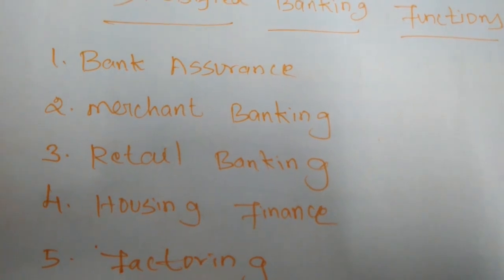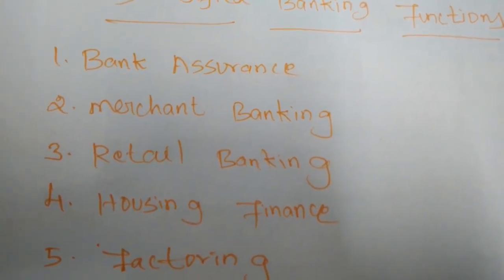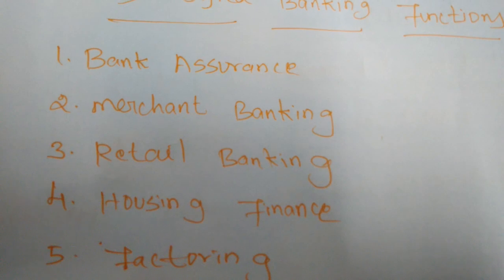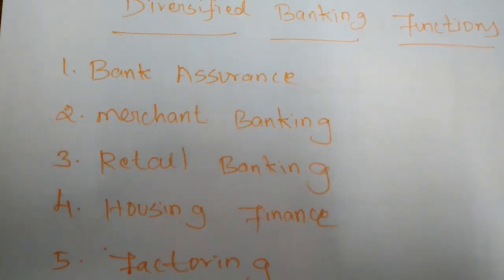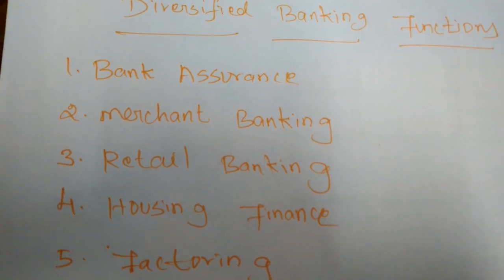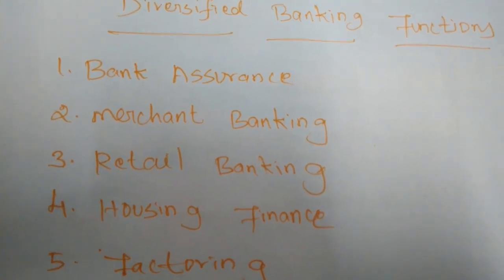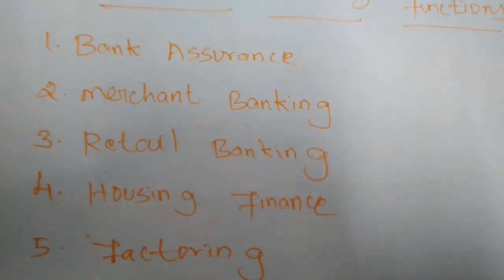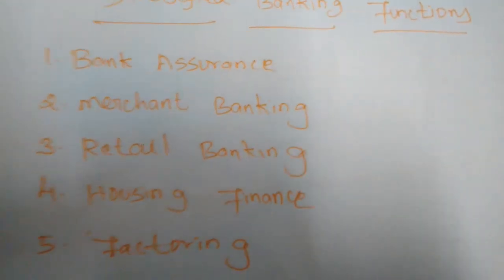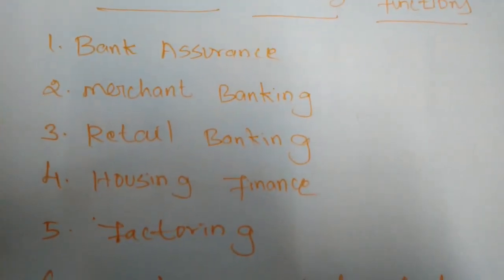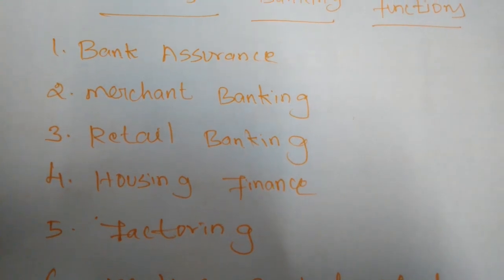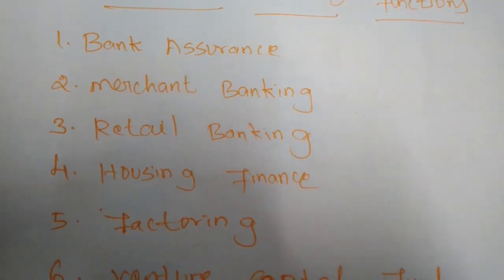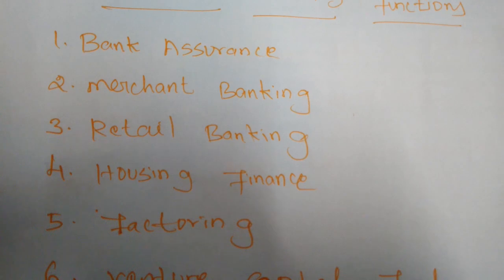Many banks, such as Corporation Bank, Oriental Bank of Commerce and Vijaya Bank, also tied up with the Life Insurance Corporation of India. SBI has joined hands with the Punjab National Bank and some other banks. So the banks also tie up with insurance companies, and the bank also provides some of the assurance to their customers.